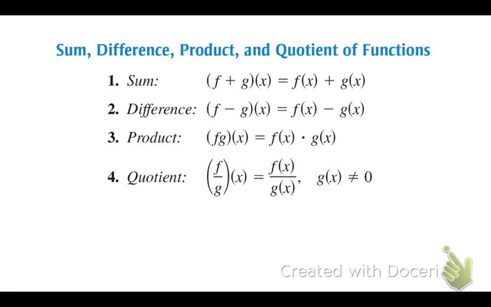The left and the right are the same thing. Make sense? Anybody not understand what's going on? On the last one, why does it say g of x cannot be equal to 0? Because you can't divide by 0. I typically do the right-hand way, but once in a while I'll start doing the left. We just have to know it means the same thing.